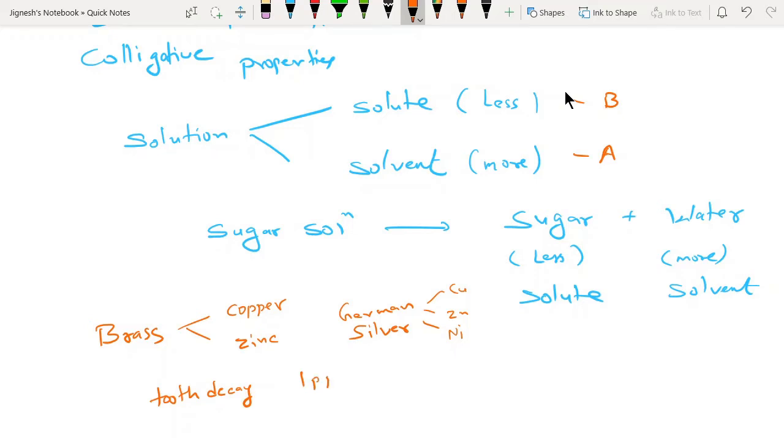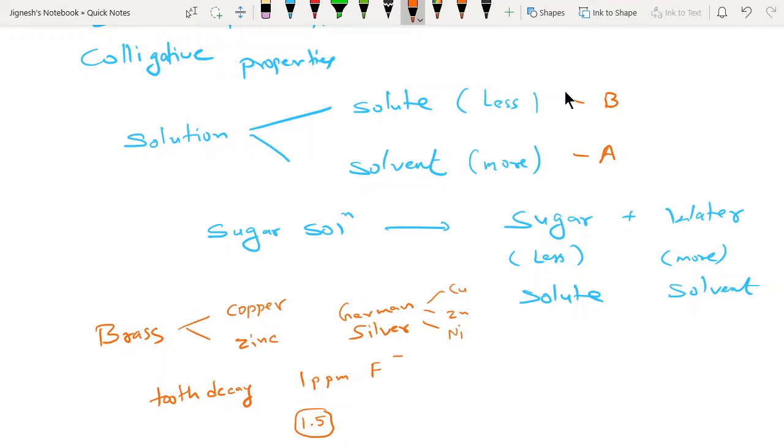1 ppm. What is 1 ppm? We will study this ahead. Parts per million of fluoride ions. But if this increases by 0.5 only, then it will be the main cause of tooth decay.